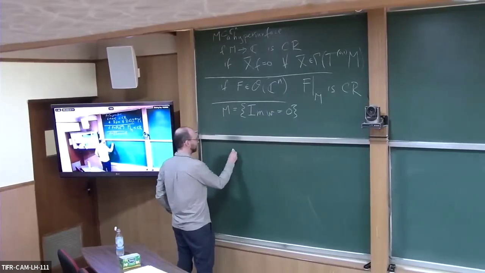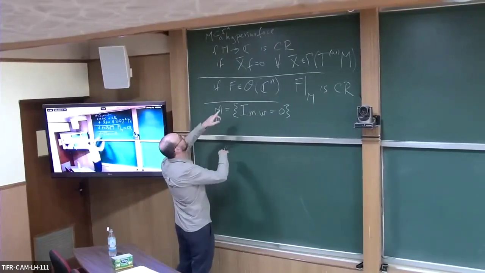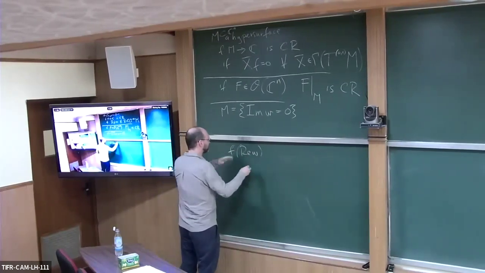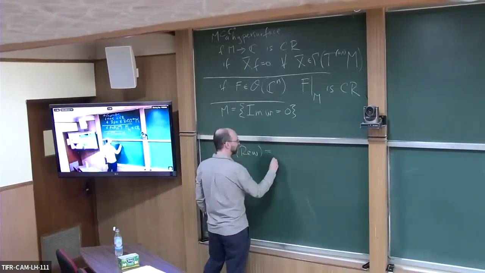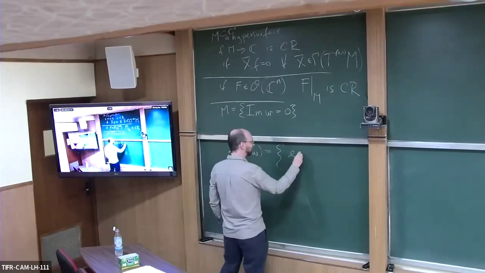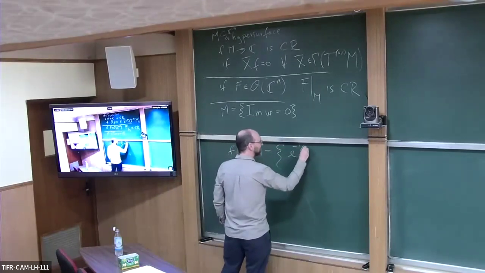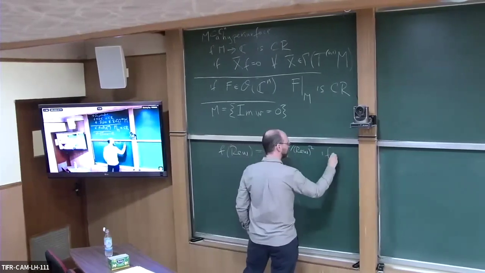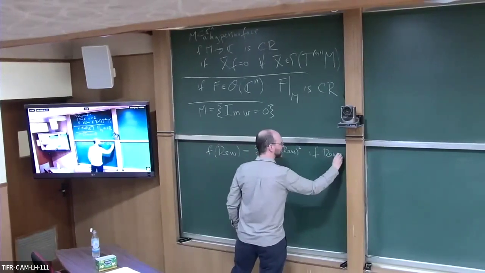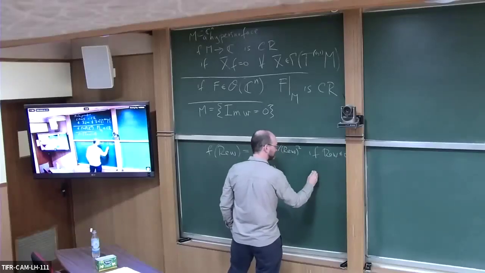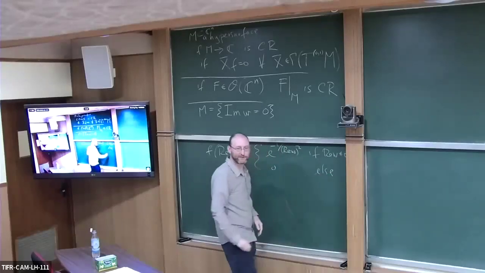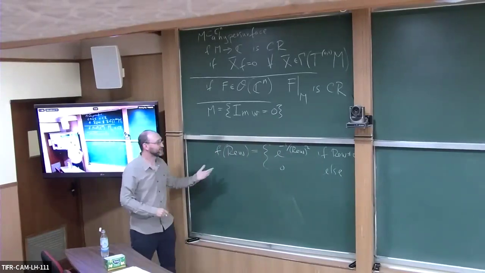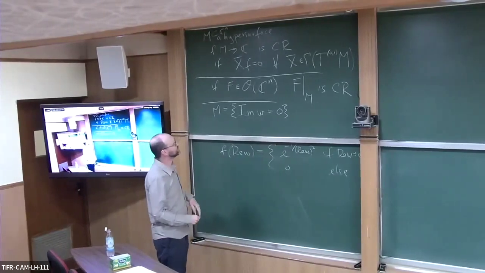For example, I could let, again just on M, a function of real w, the standard smooth non-real-analytic function.